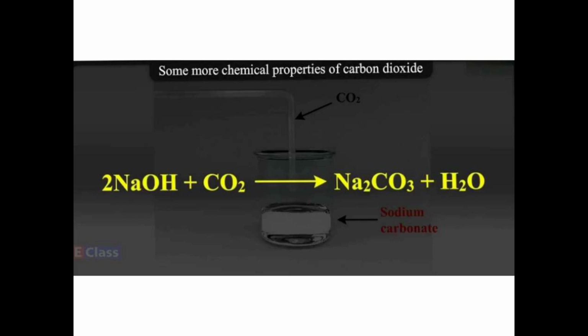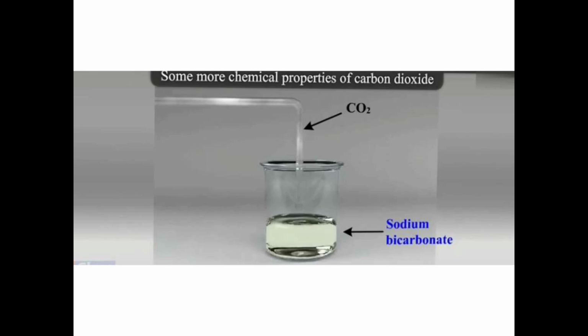Next one, sodium bicarbonate is formed on passing carbon dioxide through an aqueous solution of sodium carbonate. ना सोडियम बाइकार्बोनेट का मतलब बेकिंग सोडा, जो मम्मी यूज करती है ढोकला और पकोड़ा बनाने के लिए.